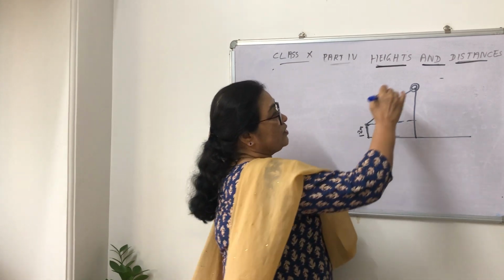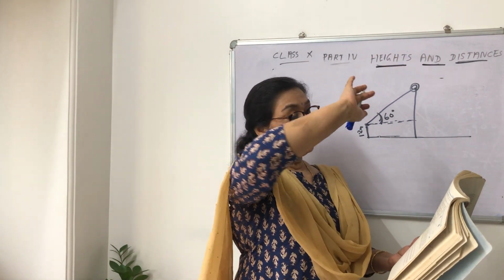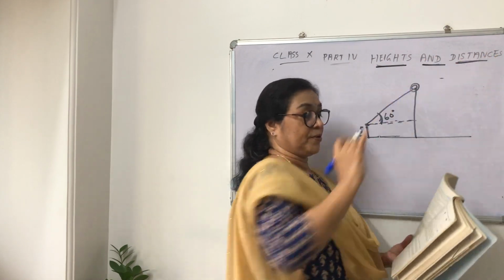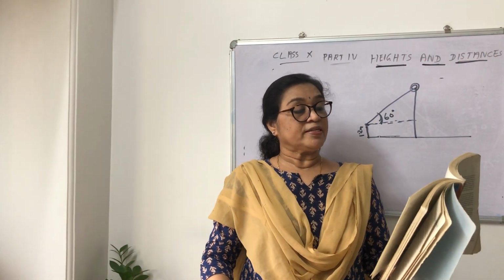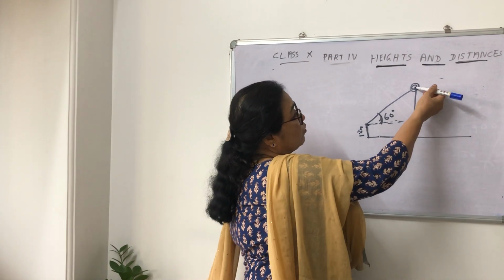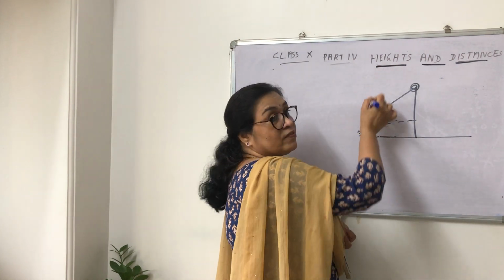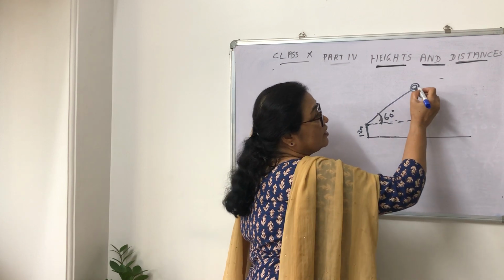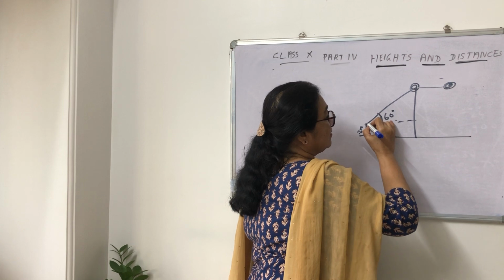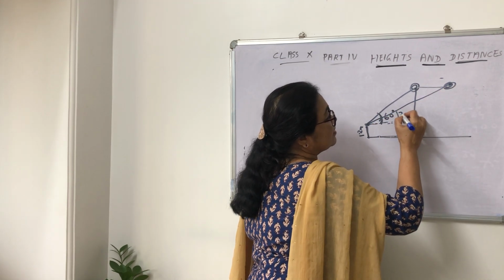That means the balloon is moving with the wind in the horizontal direction, this way. If it moves to this side, the angle of elevation would increase. That's why this balloon is moving in this direction. Then the angle of elevation, this angle, is 30 degree.